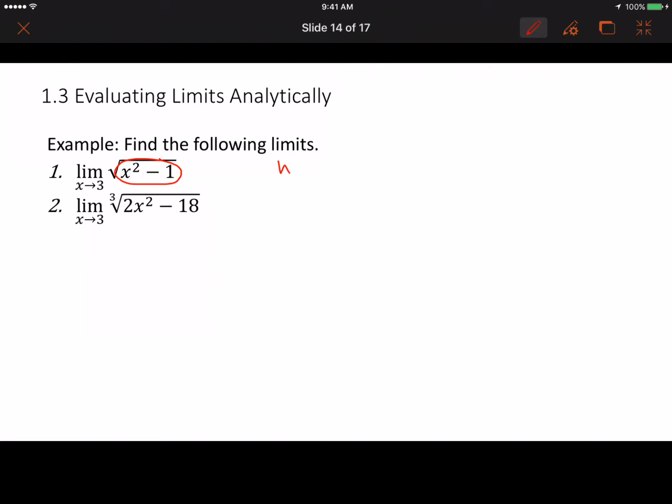So we know from the previous couple slides that the limit as x approaches 3 of a polynomial, x squared minus 1, is just what I get when I plug in 3. So 3 squared minus 1, which is 8. All right, so that limit exists.